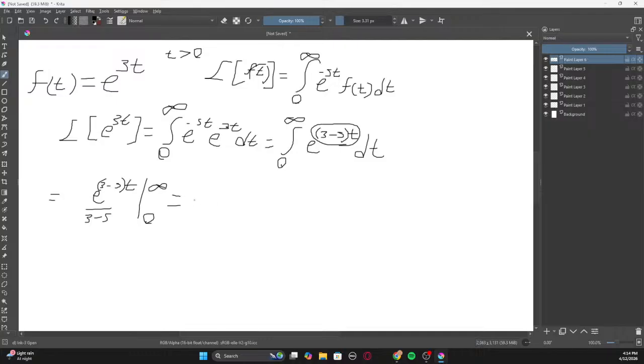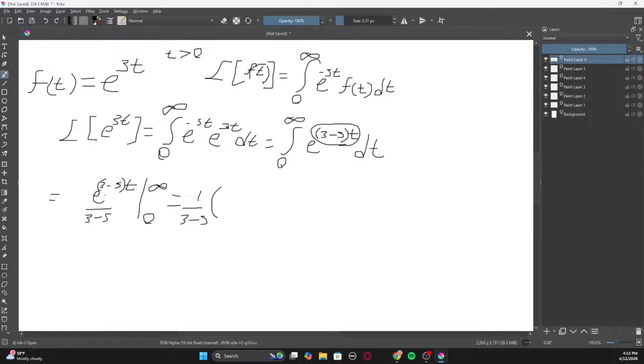So with this, we could pull these out. We have 1 over 3 minus s multiplied by, am I bullshitting? What is wrong with me? Right. So what we can do here is move out the negative sign, so we have e to the (s minus 3) negative t.